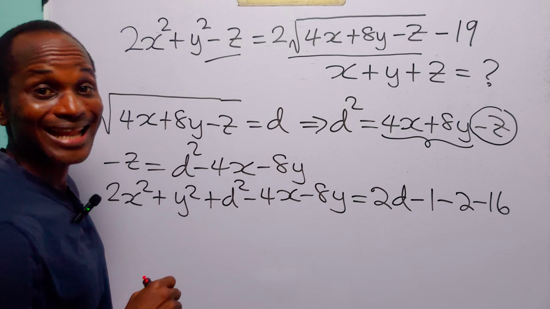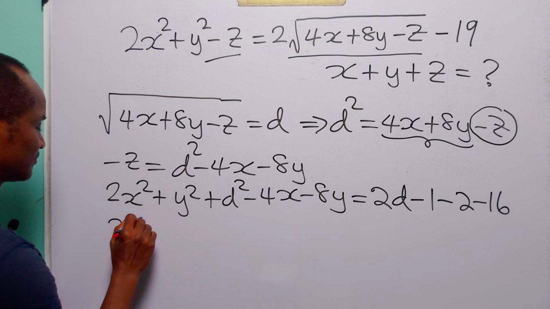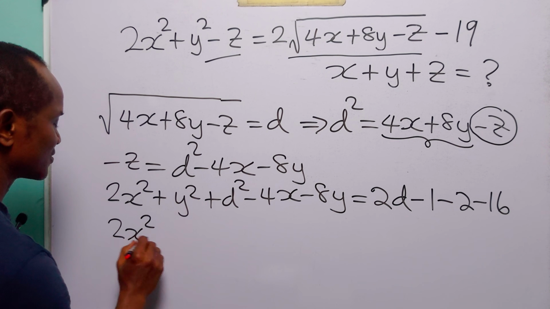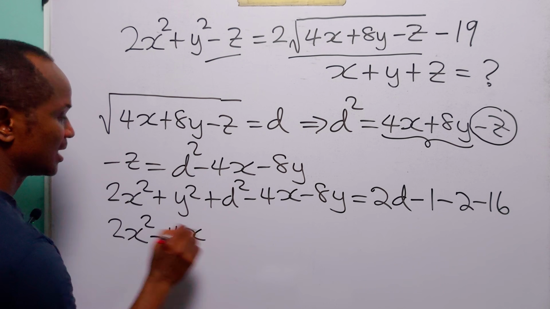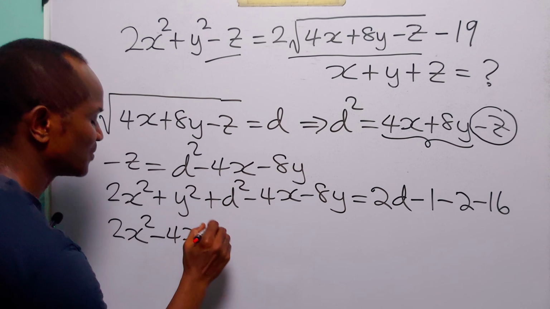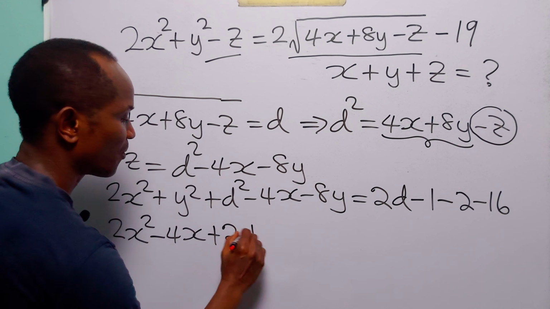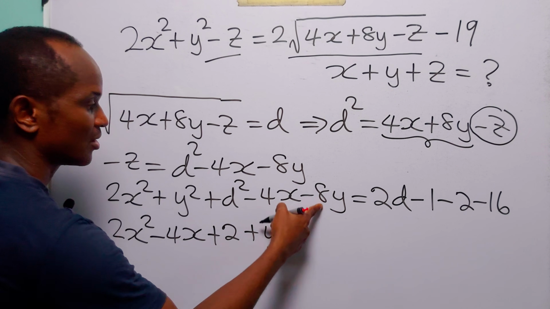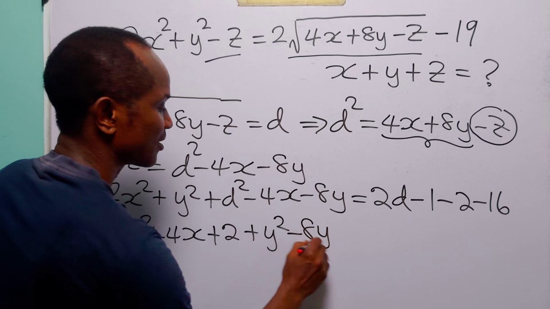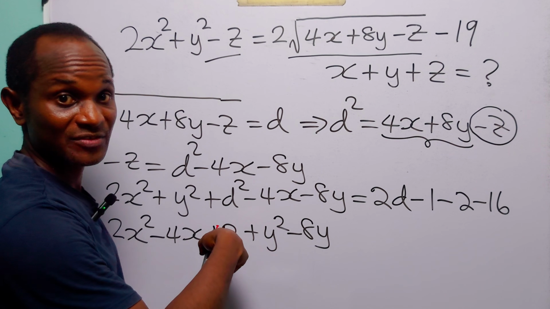Now, let us collect like terms. Here we have 2x squared. We have minus 4x. Let us move minus 2 over to the left-hand side. When we do that, it becomes plus 2. We have y squared. We have minus 8y. Let us move minus 16 over to the left-hand side.